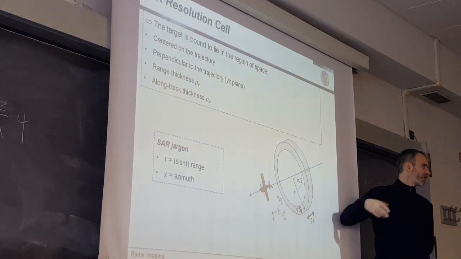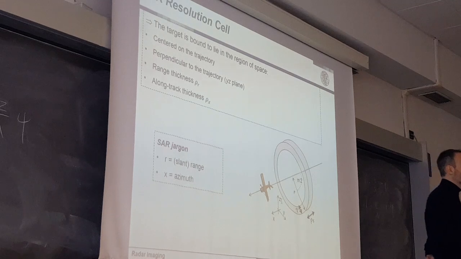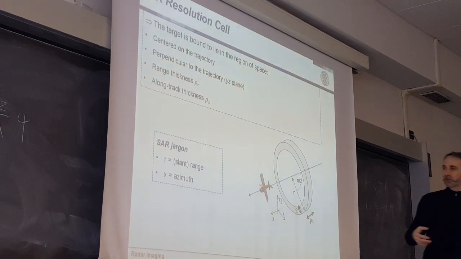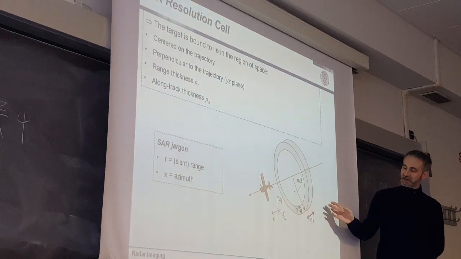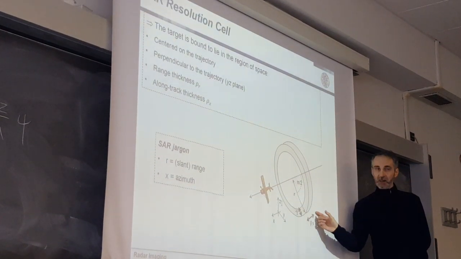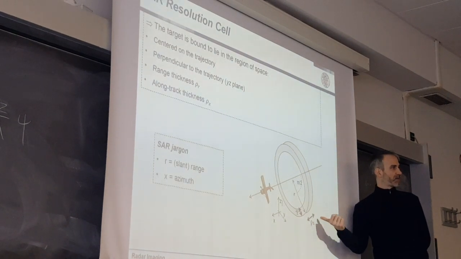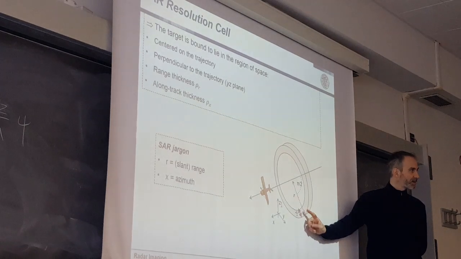So at the end of your SAR experiment, what you know is that your target will belong to this bicycle tire, whose size is given by your along track resolution in this direction and your range resolution in this other direction.